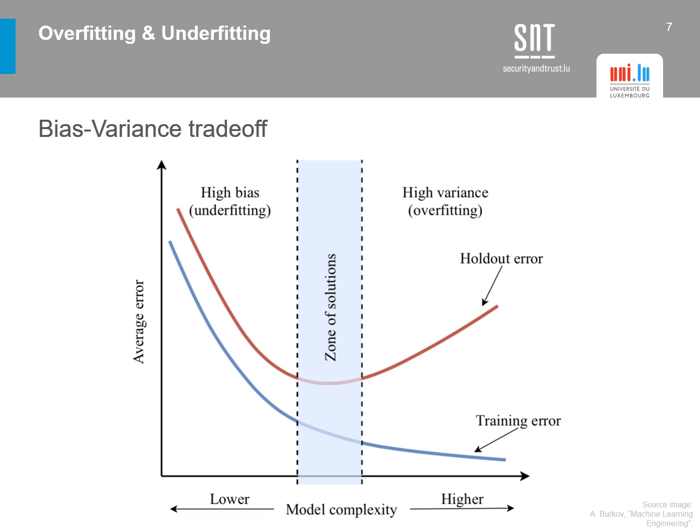The average error is on the left hand side, on the vertical axis. So we can see here that we have two types of errors: the blue one, which is training error, and the red one, which is holdout error.